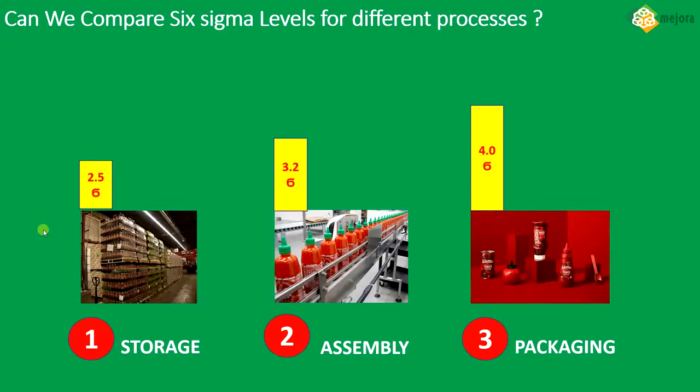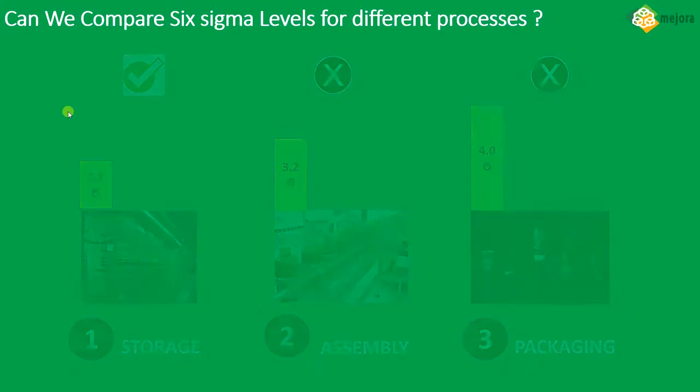That is what we are going to discuss today. If we consider only the sigma level, it tells you about the variance in the process, or the defects in the process, right? However, there are so many other factors as well, right?